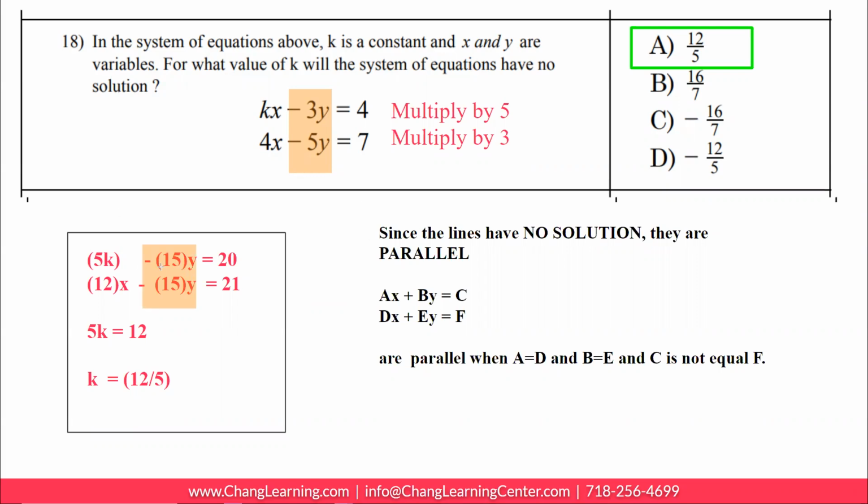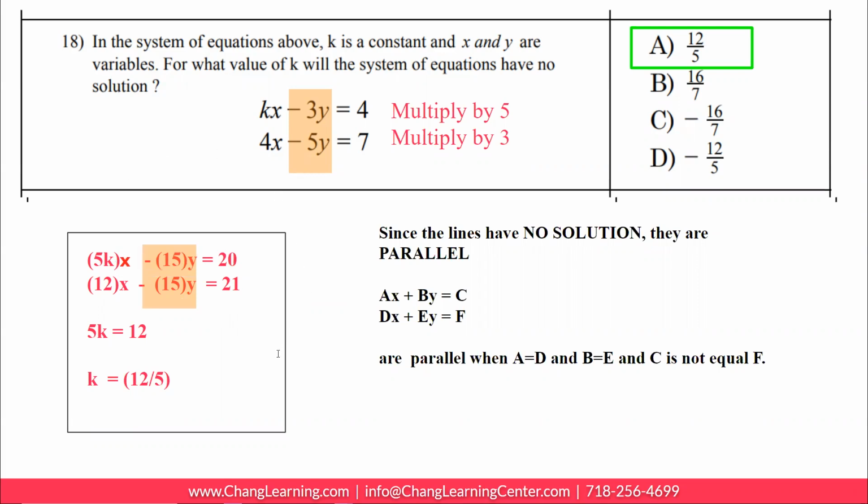Then we see that 5kx minus 15y equals 20, and 12x minus 15y equals 21.